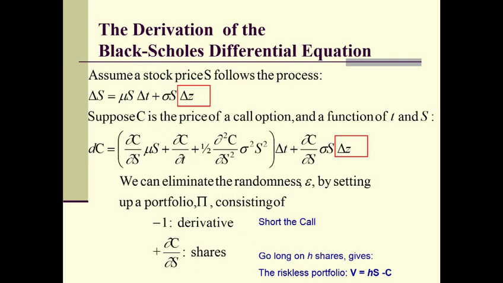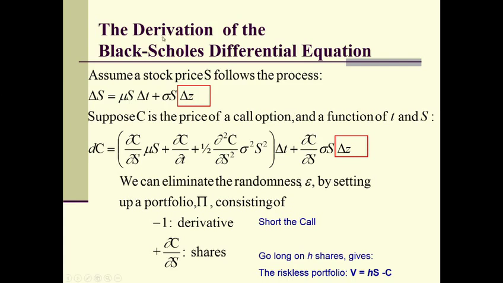If you short one option, you need to buy how many shares? So how do you determine the H ratio? The H ratio is essentially the change in the option over the change in the stock, right? H is equal to Cu minus Cd over Su minus Sd. So it's the change in the option over the change in the stock. Therefore, written in calculus form, it is dC over dS. Okay?